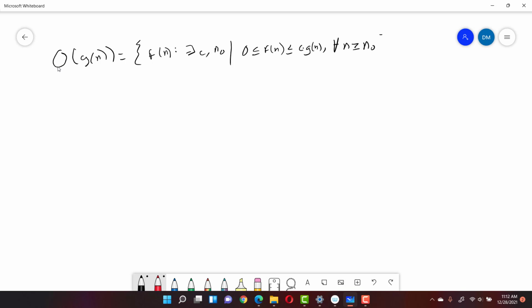For a function on integers g of n, BigO of g of n is equal to the set of all functions f of n where there are constants c and n sub 0 such that 0 is less than or equal to f of n, which is less than or equal to c times g of n for all values of n greater than or equal to n sub 0.